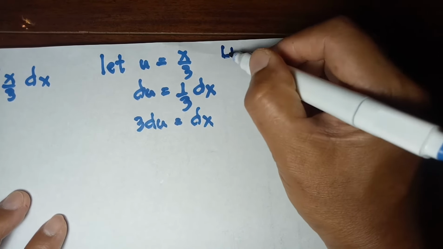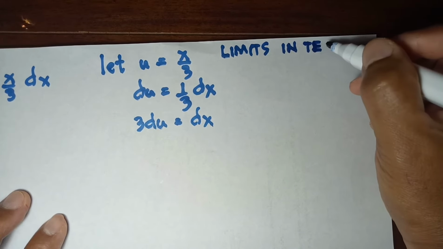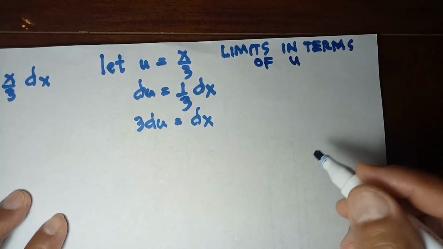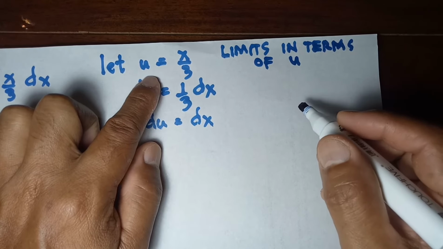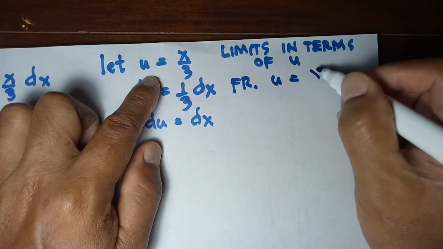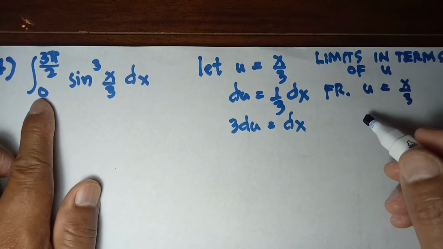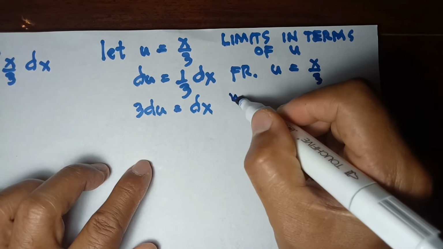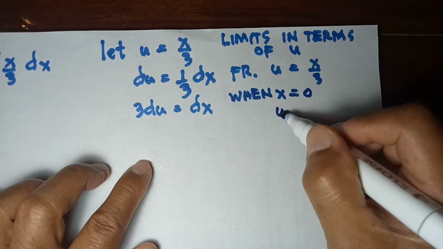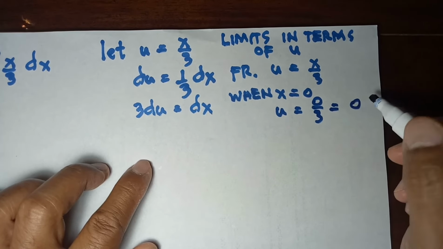So, from u equals x over 3, una, when x equals 0, the lower limit in terms of x, yung u natin, it will be equal to 0 divided by 3, and it is equal to 0.